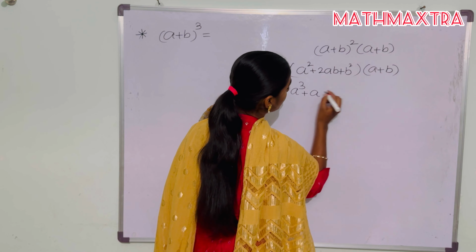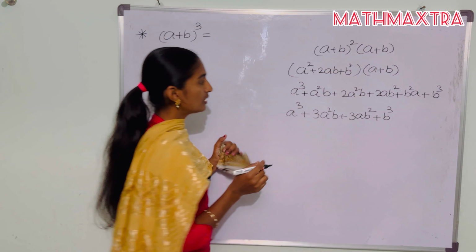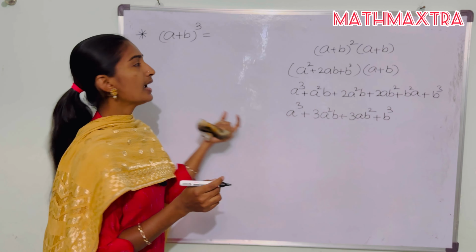Now you simplify. A cube plus a square b plus 2a square b, so 3a square b, plus 2ab square plus b square a, which is nothing but 3ab square, plus b cube. So this is the other identity which is equivalent to a plus b whole cube. So what is a plus b whole cube?